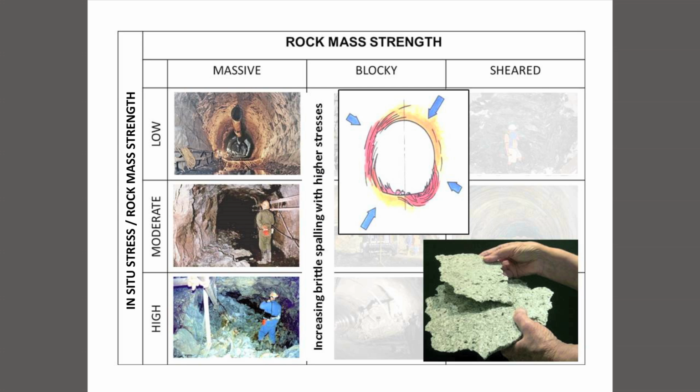So as you'll see in a moment, when the stresses on the boundary that you've created by excavating the tunnel are high enough, they exceed the tensile strength of the rock, and you get splinters or plates or slivers of rock forming, as you see in the lower right-hand photograph there, and these become increasingly violent and loud as the stresses increase.